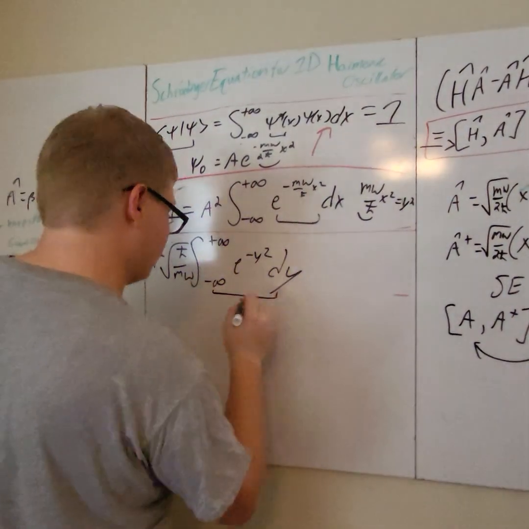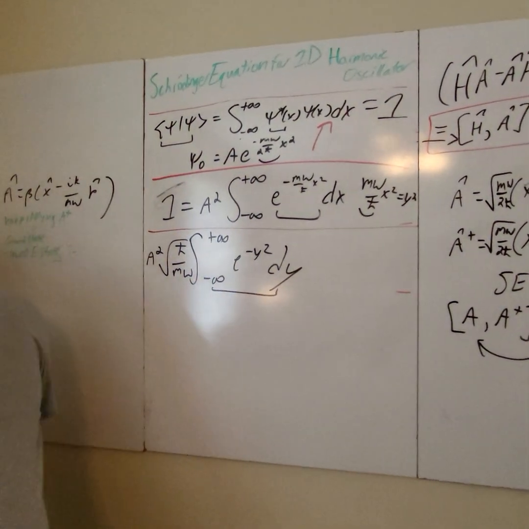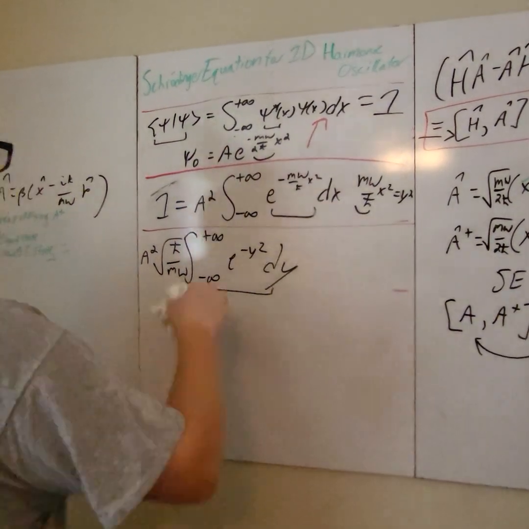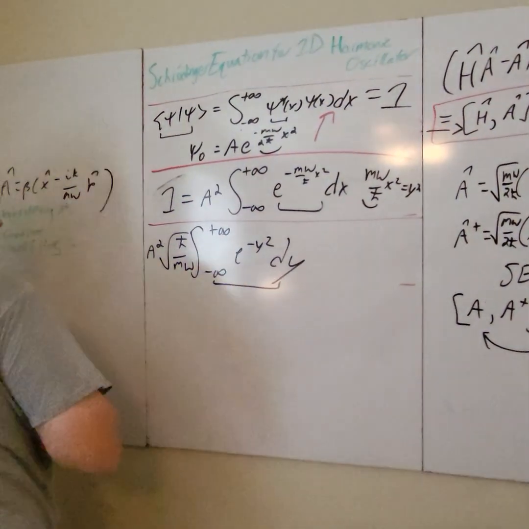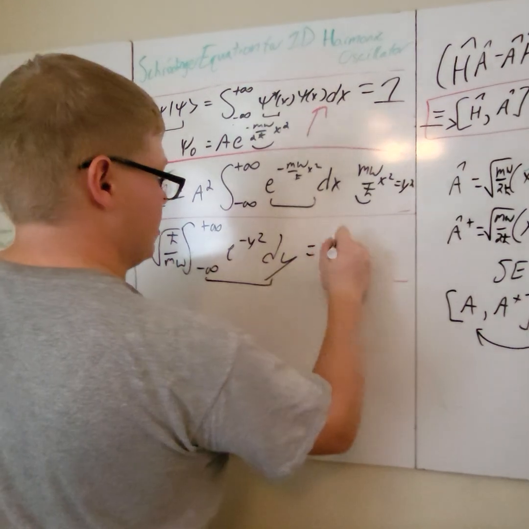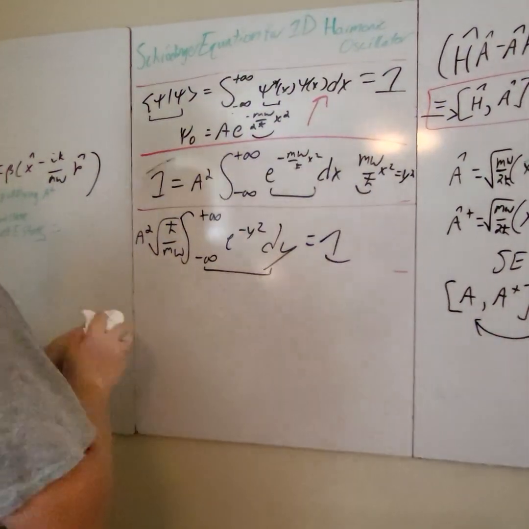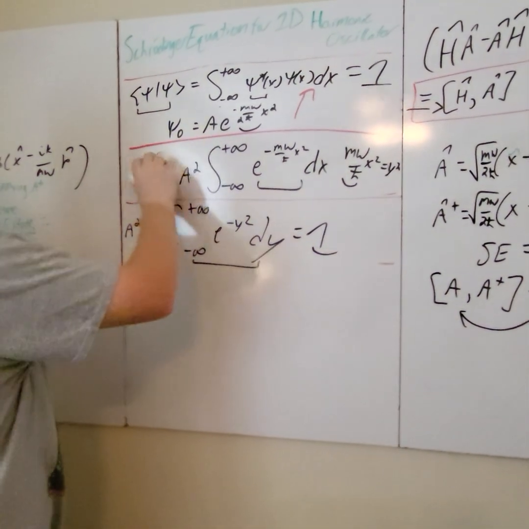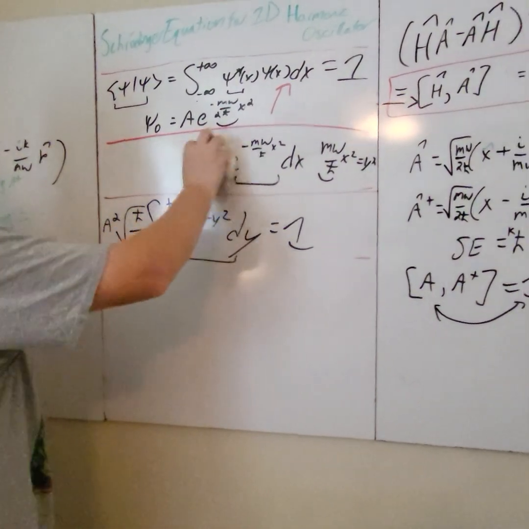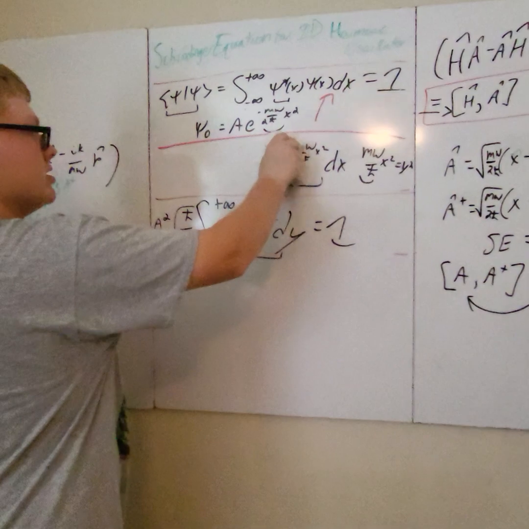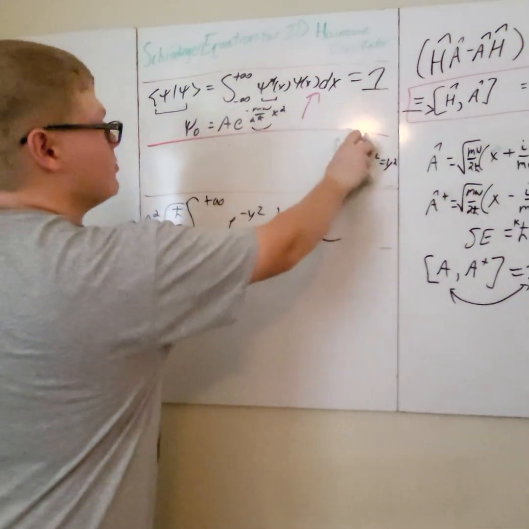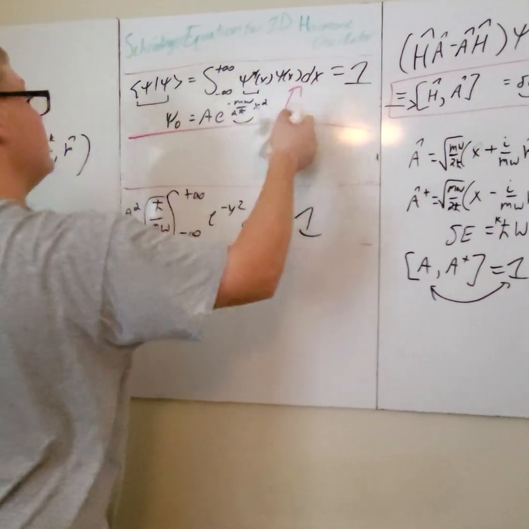And this is a very famous integral. Basically, there's all kinds of ways to solve it. Like you can do it with a Fourier series or of e to the minus x squared if you want.